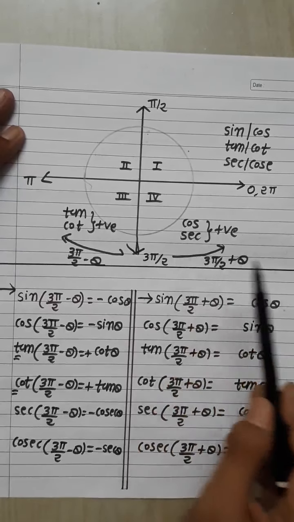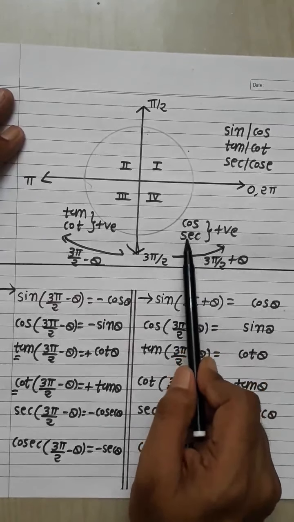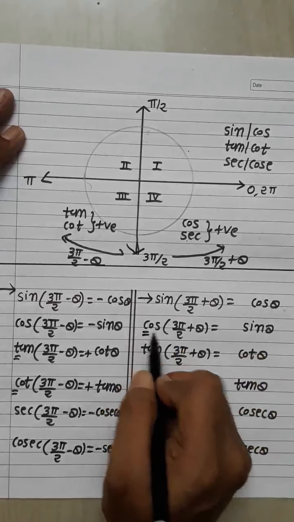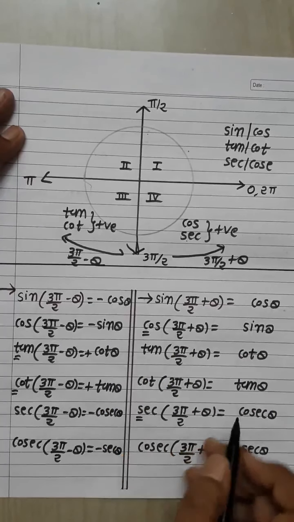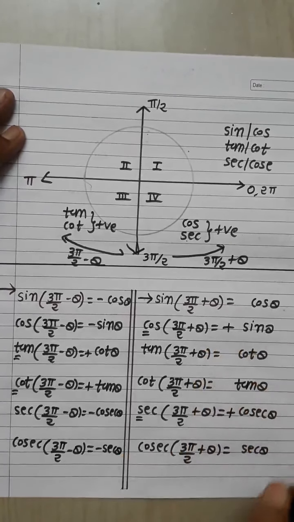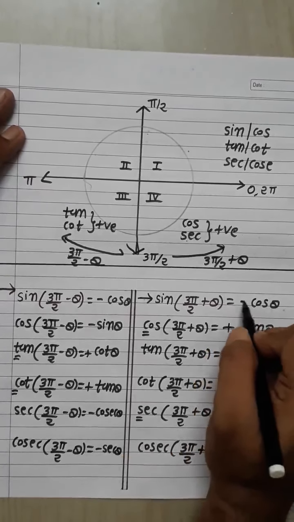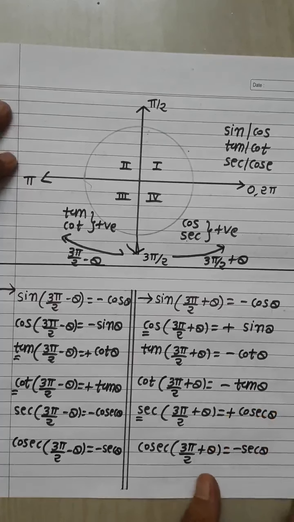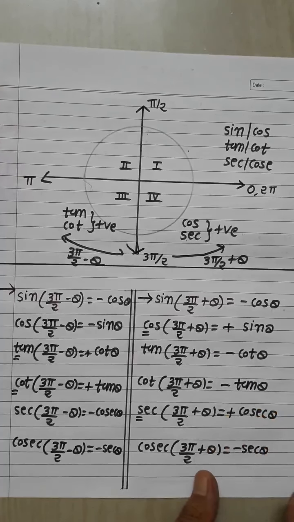So in the fourth quadrant only two functions are positive, cos and sec. So cos is present here and sec is present here. So only two are positive, the remaining four functions have a negative sign. Clear?